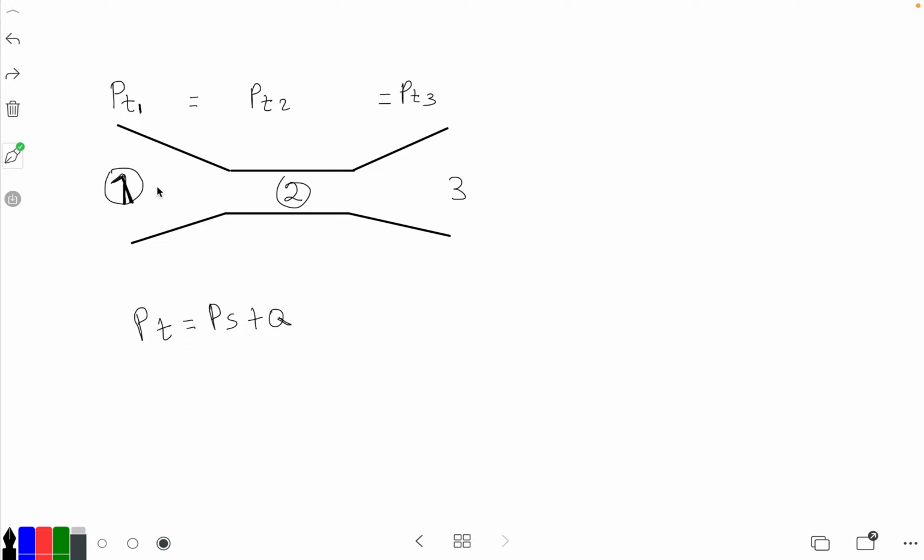In order for this to remain constant, we know that inside the throat the streamlines converge, and when the streamlines converge we have an increase in speed. An increase in speed affects dynamic pressure, which is Q, and we have this formula right here: Q equals 1/2 rho, which is density, V squared.